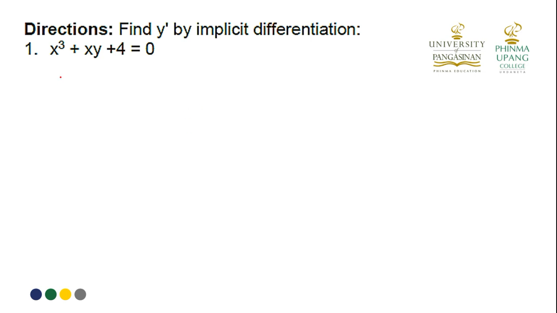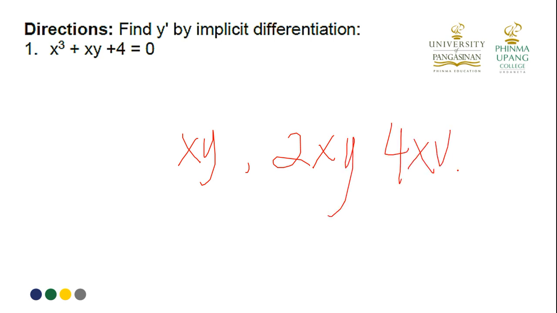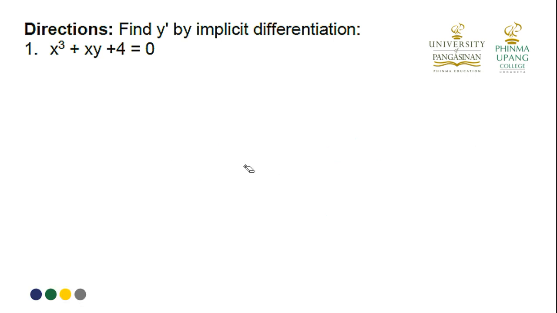So, product rule palagi if ever na magtabi ang xy, 2xy, 4xy, and so on. Pag may nagkatabi na variable, we're going to apply the product rule. Okay? So, dito sa implicit, ganito yung magiging proseso natin.